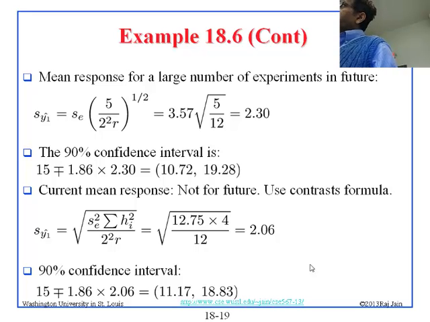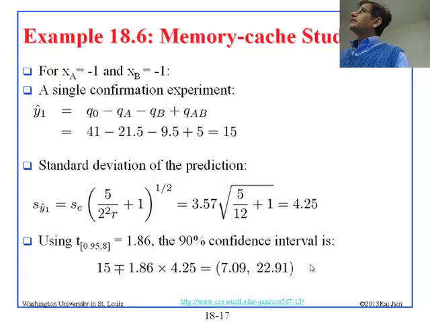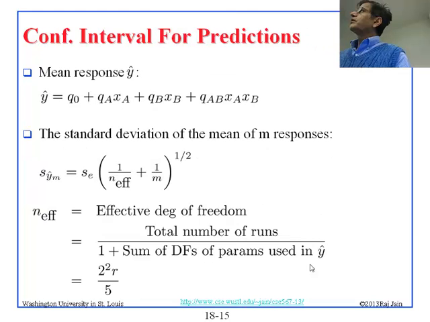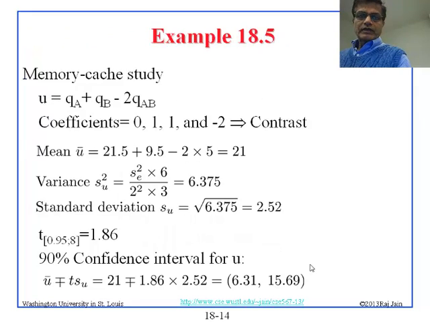The formula can also be thought of as a contrast formula where you use this model, the original model like this. This is a contrast because the coefficients add up to 0. If you add up 1 plus xa plus xb plus xab, they add up to 0 for all values.